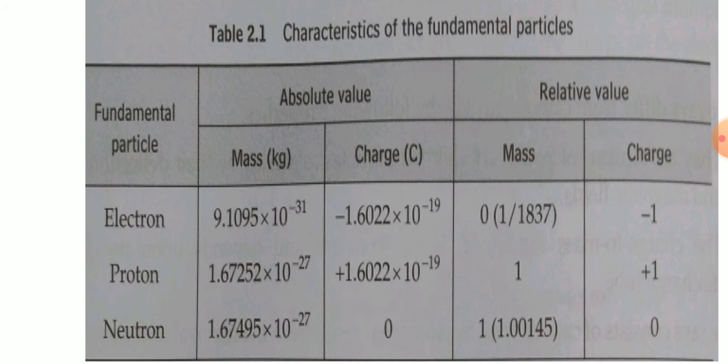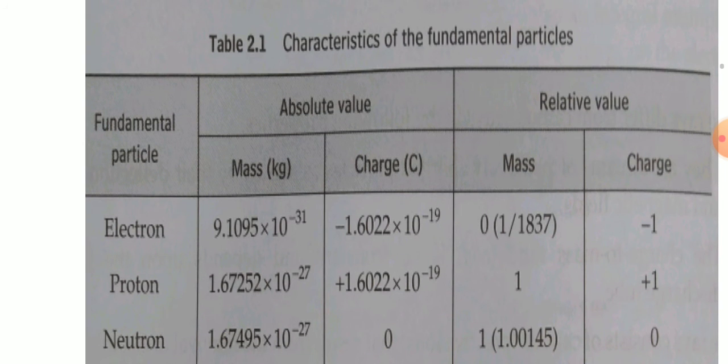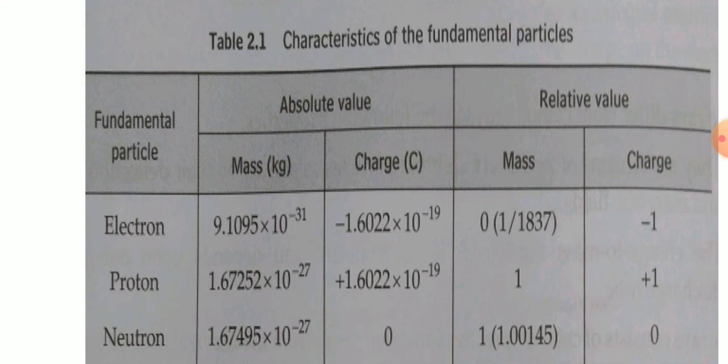From this table it is clear that the neutron is slightly heavier than the proton, and that the neutron is the heaviest particle present in an atom. The charges of proton and electron are the same but of opposite sign.